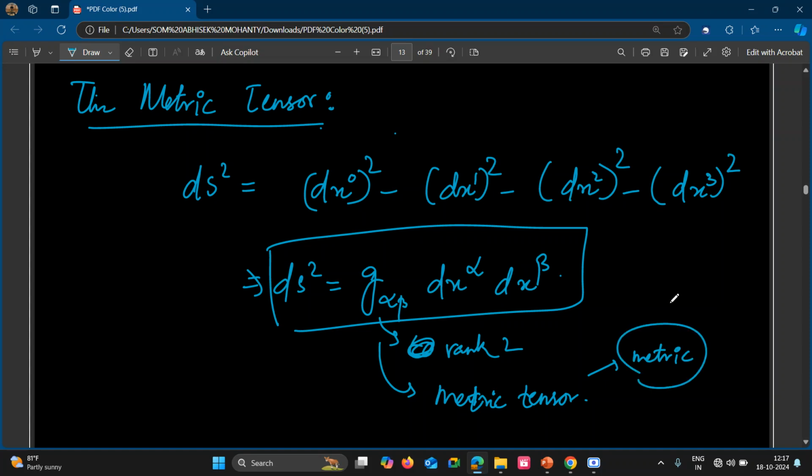So g alpha beta can be a function of coordinates, not necessarily diagonal. There could be cross terms in ds square like dx1 dx2, or dx2 dx3, or dx naught dx1.